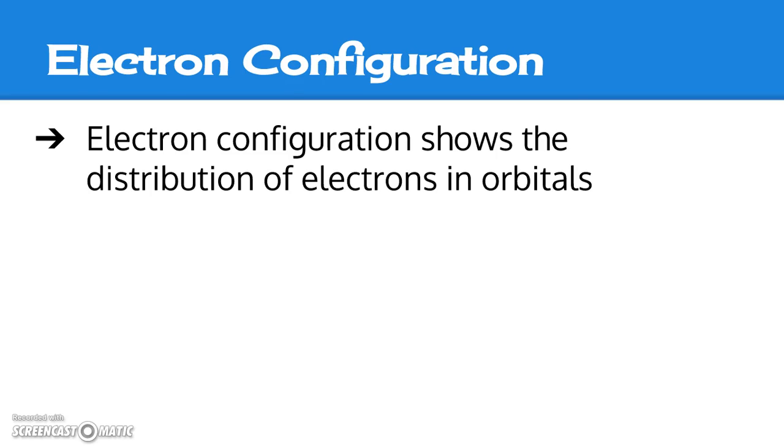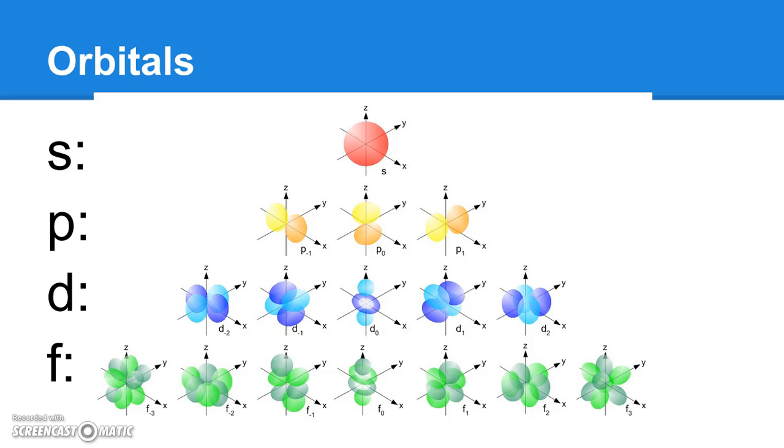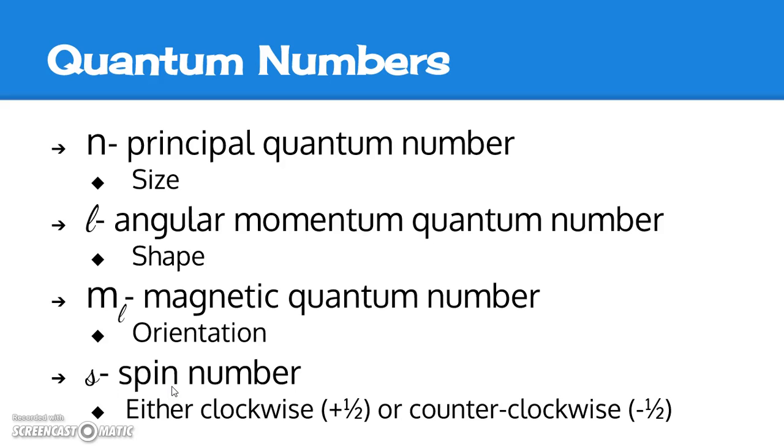Using this, we can write out electron configurations, which show the distribution of electrons in those orbitals, which are S, which has 1 orientation, P, which has 3 orientations, D, which is the double dumbbell, and has 5, and then F, which has 7.